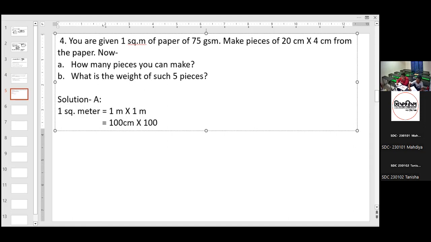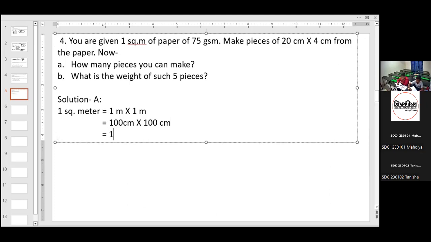Multiplied by 100 centimeter, we have 10,000 square centimeter. Okay. You can write cm square, or if it's a hassle I write sq. cm, this is also correct, right? So now we have 10,000 square centimeter of paper.